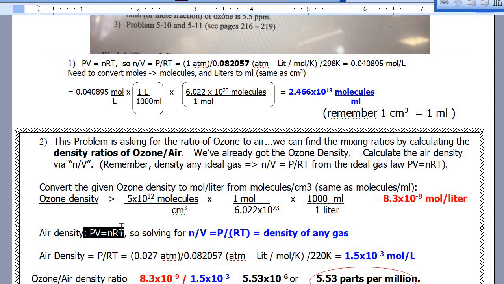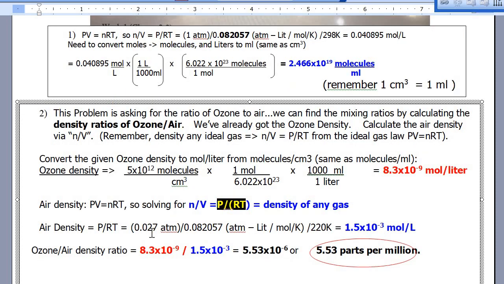From PV equals nRT, to get N over V alone, divide both sides by volume and divide both sides by RT, and you're left with N over V equals P over RT. So P over RT gives us 0.027 divided by 0.082057 atmosphere liters per mole per K, divided by 220, which gives us 1.5 times 10 to the minus 3.